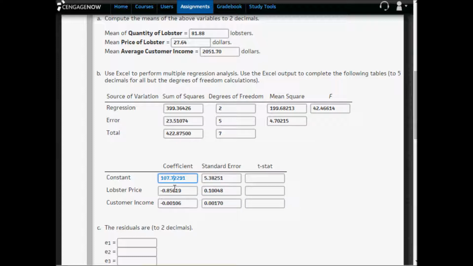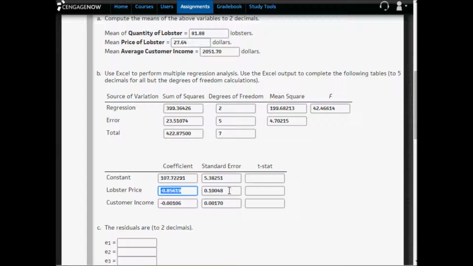So if I divide this coefficient by the standard error, I'm calculating the test statistic for a hypothesis that wants to know if these betas are equal to 0. So 107.7 minus 0 divided by the standard error is the test statistic.